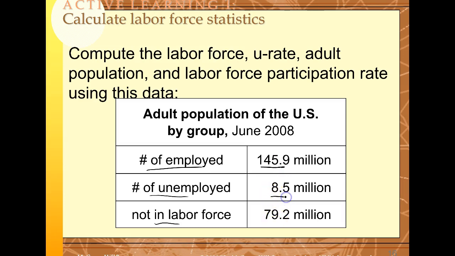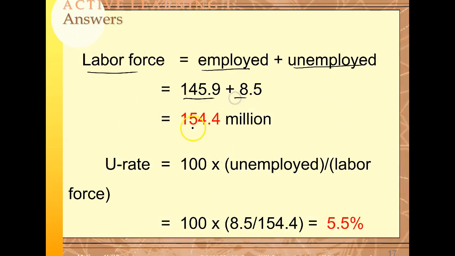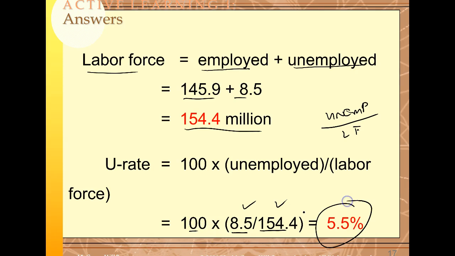The unemployed is 8.5. If I add those two numbers together, this is the labor force. Now the unemployment rate is the unemployed divided by the labor force. The unemployed is 8.5. The labor force is 154.4. So this divided by this, multiplied by 100, gives you an unemployment rate of 5.5%.